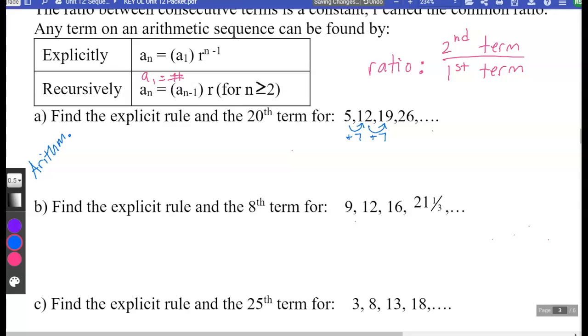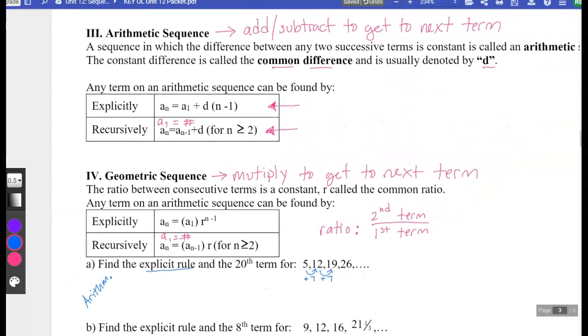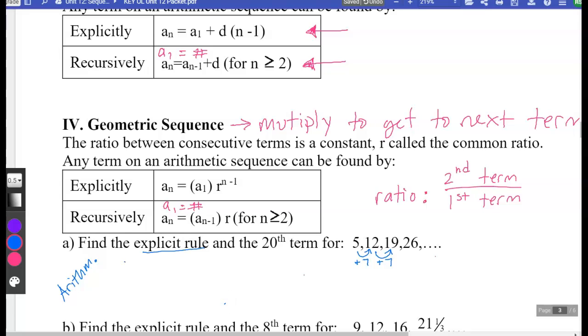And it wants us to explicitly write this sequence. So I'm going to go up here to my formula, which tells me a sub n is equal to a sub 1, which is how much? 5. Right. Our first term, our a sub 1, is 5.